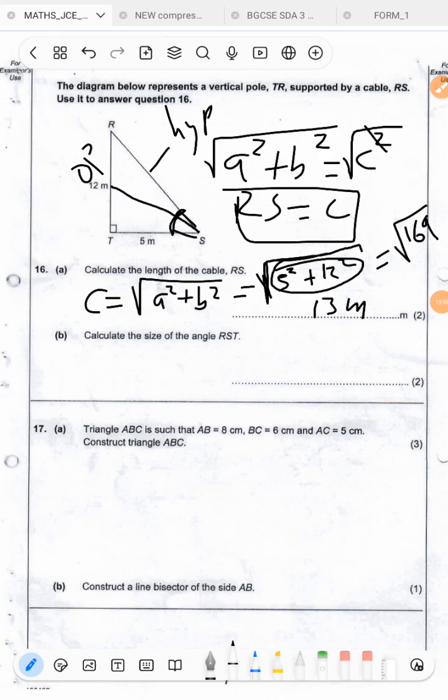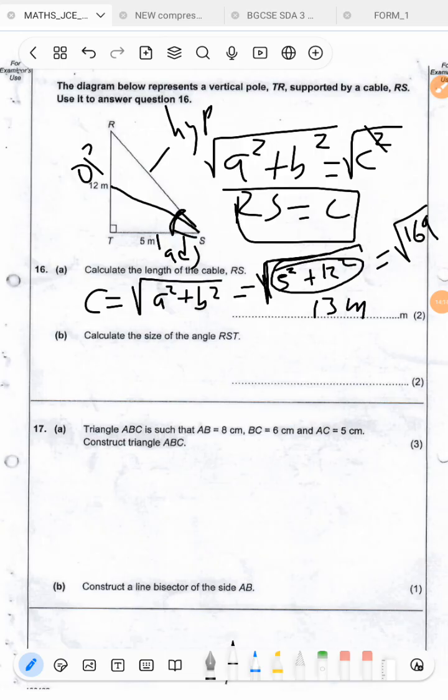Then only one side is remaining, which is the adjacent side. So we've defined our sides with respect to the angle: the longest side, the hypotenuse, the side opposite the angle, the opposite side, then the one attached to the angle, or the remaining one, is going to be the adjacent.